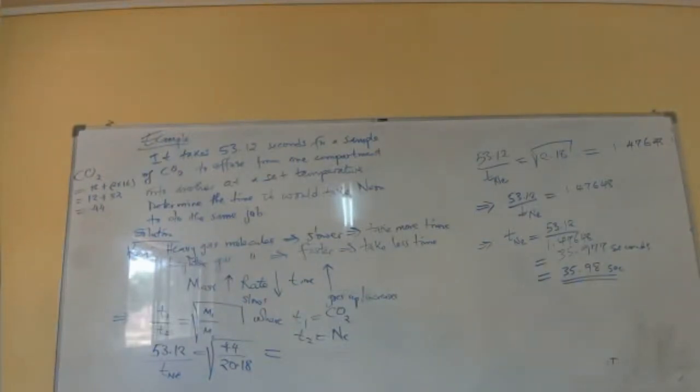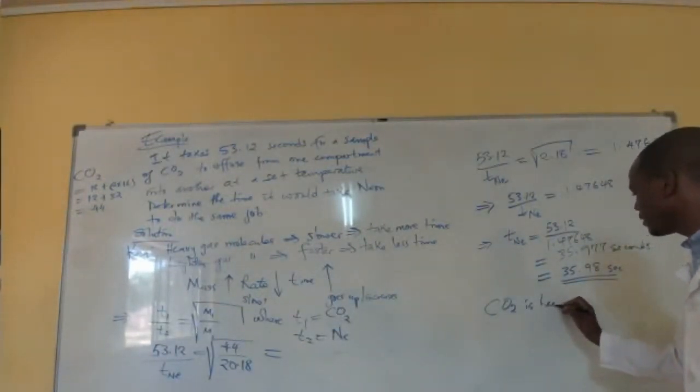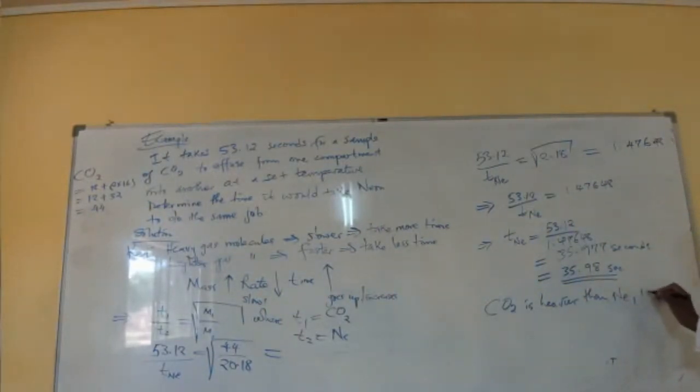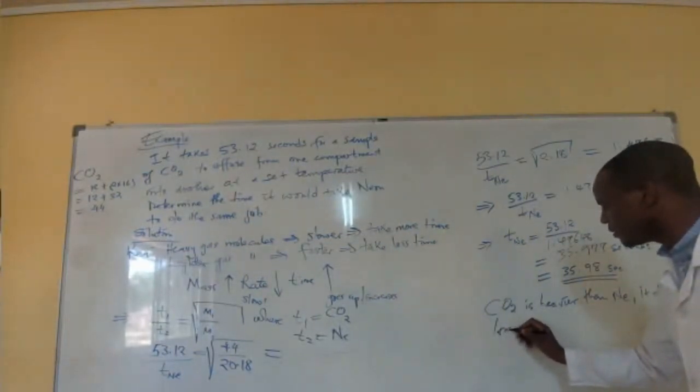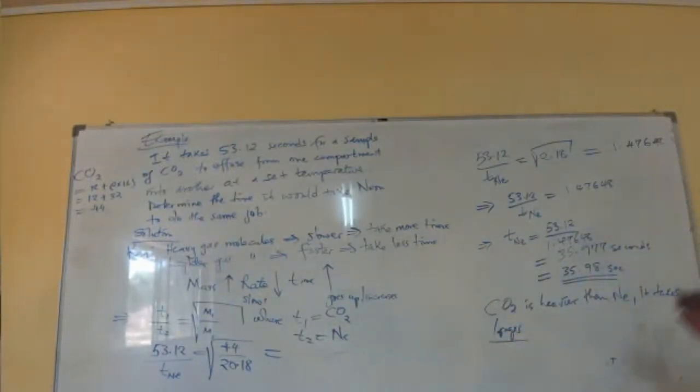Neon, which weighs 20.18, takes about 35.98 seconds. So you can check here that since carbon dioxide is heavier than neon, it takes much longer to cover the same distance, or rather the same job.